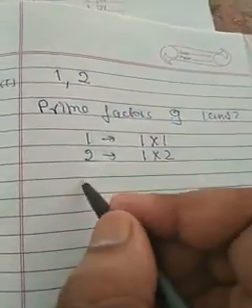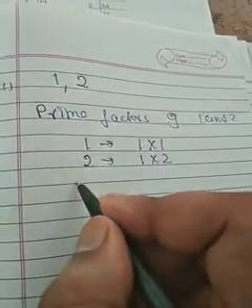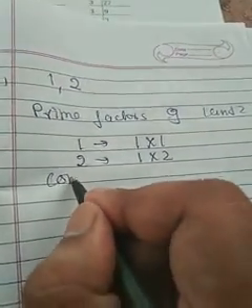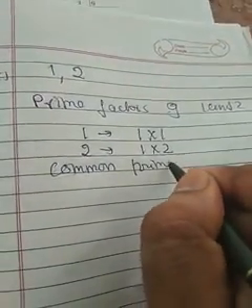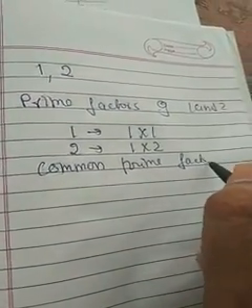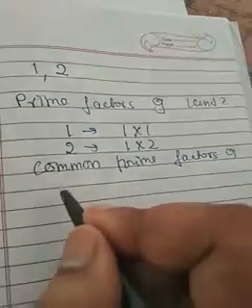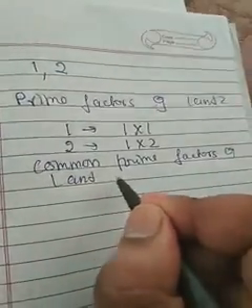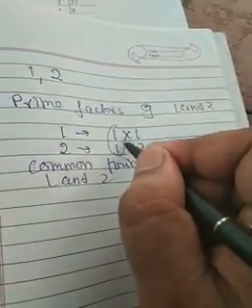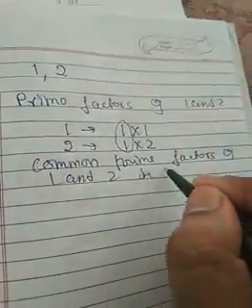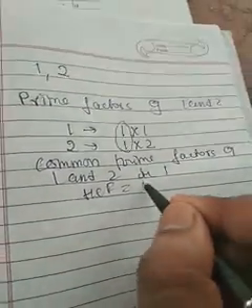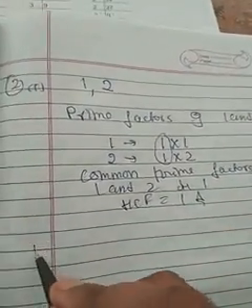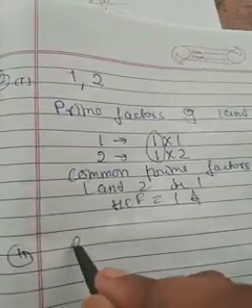Now common prime factors of 1 and 2 is 1. So HCF is also 1. Answer. Similarly, second part, even numbers.